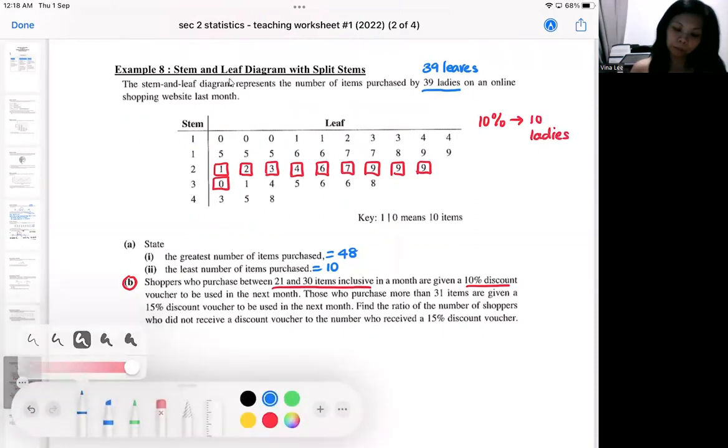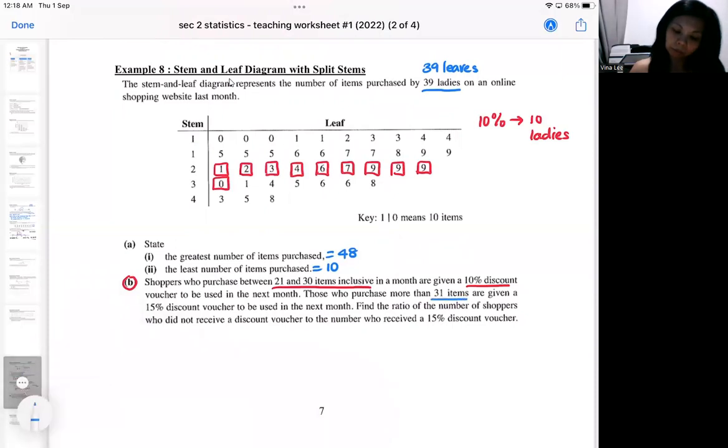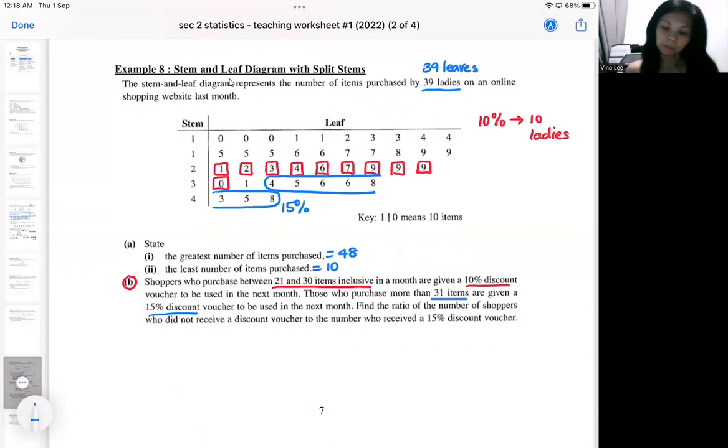Those who purchase more than 31: more than 31 means 31 is not included. As long as they are more than 31, they get a 15% voucher. Find the ratio of the number of shoppers who do not receive a discount. We can count.